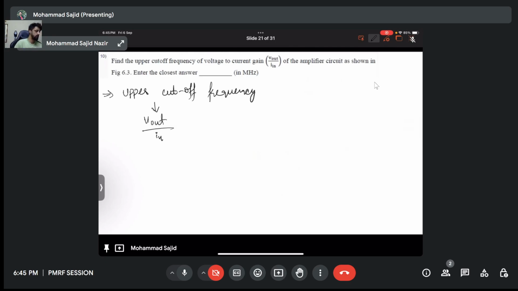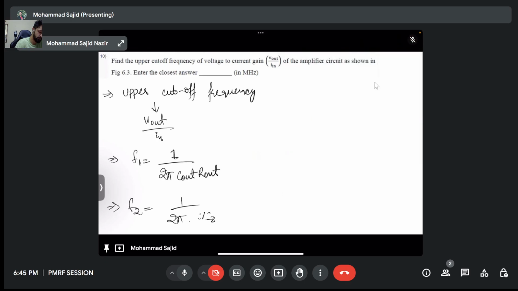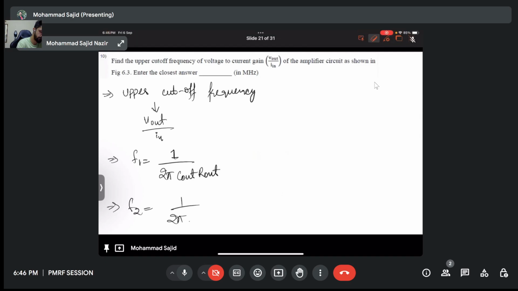Okay, so we have poles such as 1 over 2 pi C out R out, and another pole will be 1 over 2 pi, Rs parallel Rs, C in.